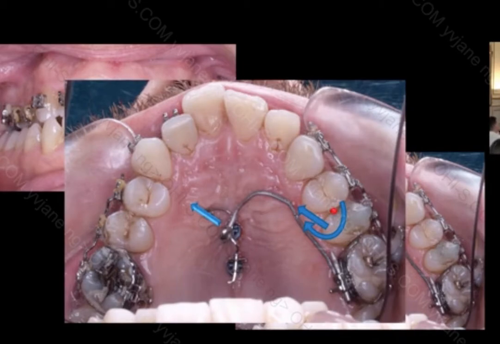This is the activation, and this is the force system that was delivered to this group of teeth. As a consequence, you will see retraction, constriction of this part, but with a rotation so that the canine will be expanded. You don't want to contract the canine here. You need a lot of contraction here at the molar, and that's why we need to add to the force a large moment.